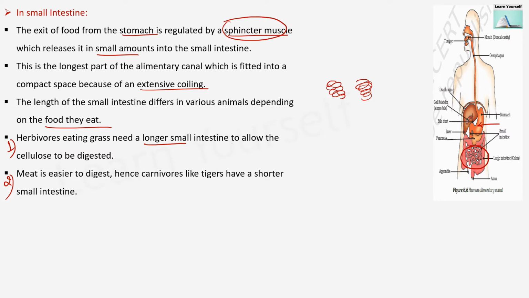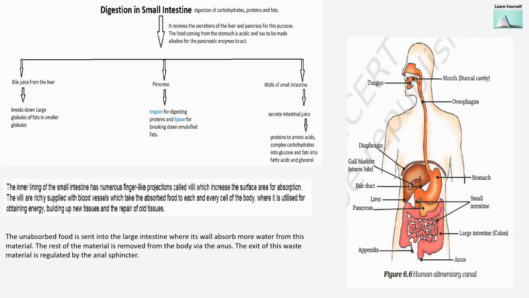Cellulose is difficult to digest, so that's why herbivorous animals have a longer small intestine, whereas carnivorous animals have a shorter small intestine. Now the digestion process in the small intestine is very complex, so I have made a chart over here which will be helpful for you to understand the whole process.